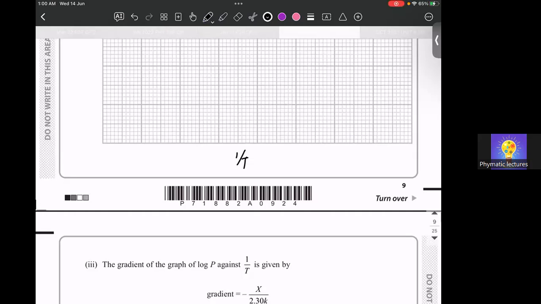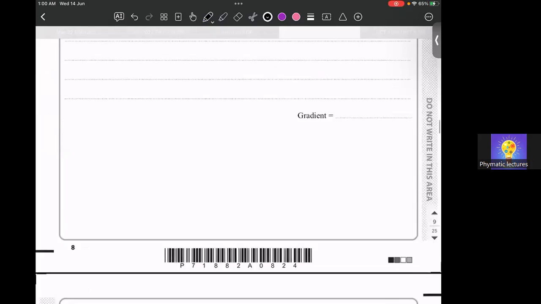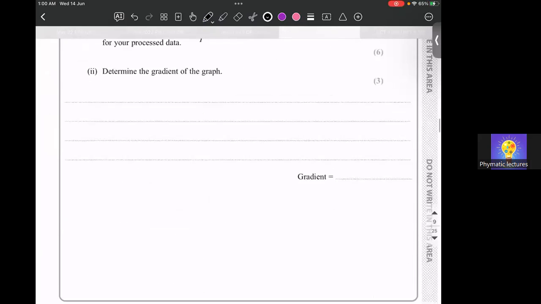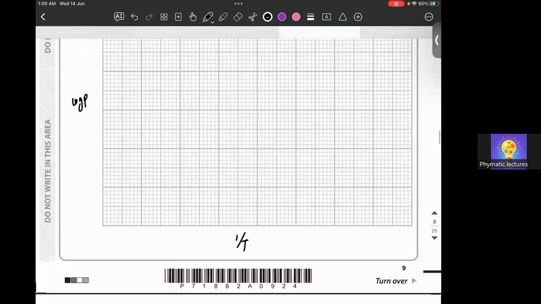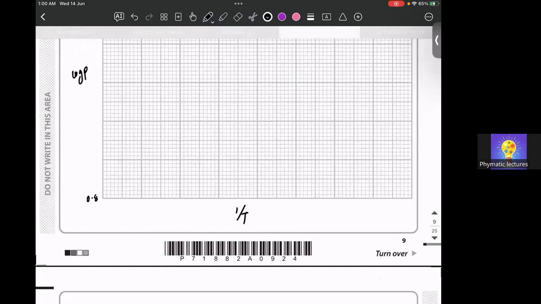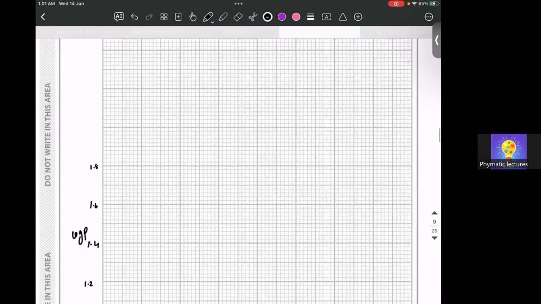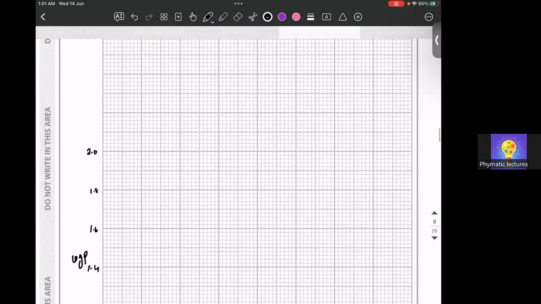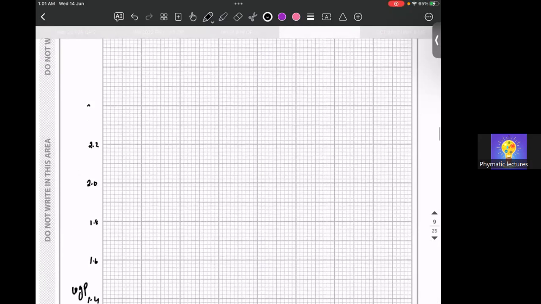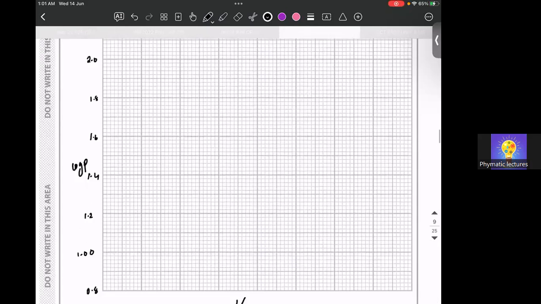So we can start something like this, because its minimum value is just starting from 0.8. So 0.8, then we can take here 1, 1.2, 1.4, 1.6, 1.8, 2, 2.2, and this is 2.4.